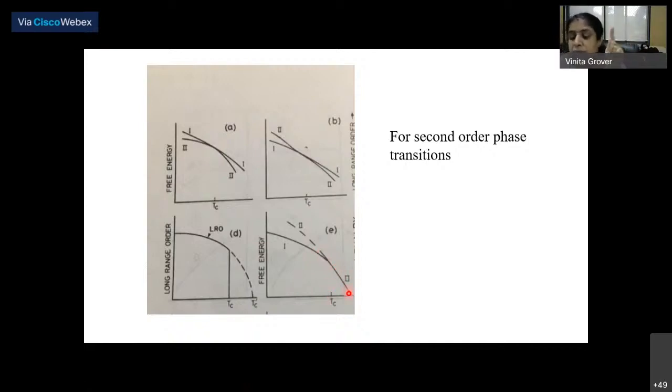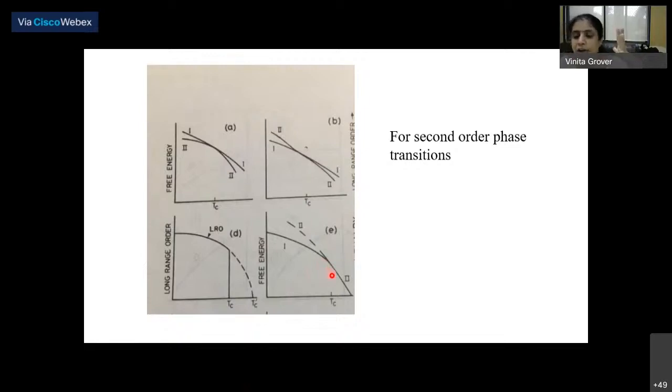Which means for two polymorphs related by first order phase transition, there is a possibility of them being obtained as a metastable phase, but you cannot do this for polymorphs that are related by second order phase transition.